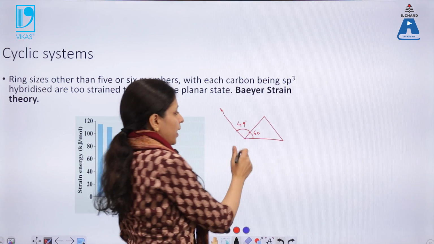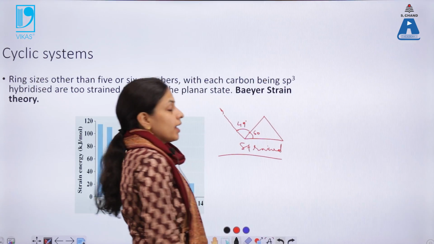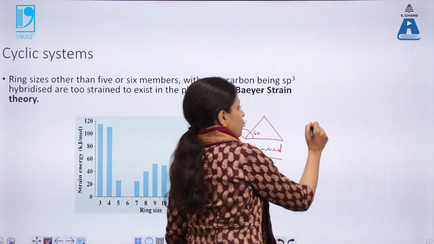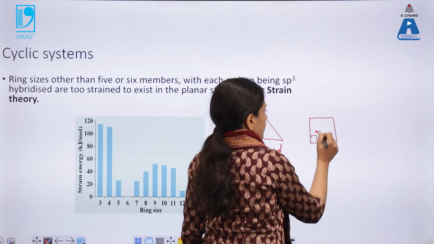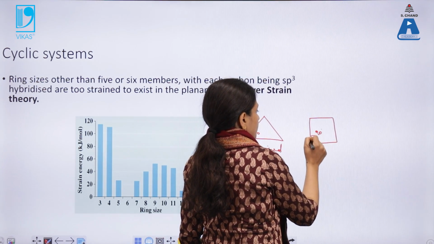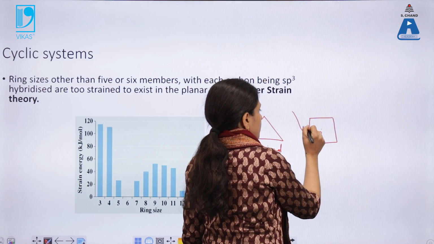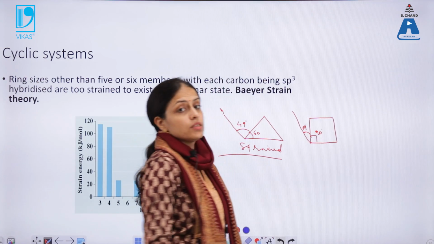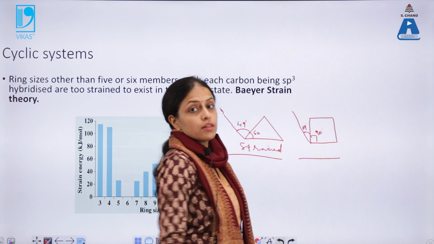So the ring is quite strained. This one has the maximum angle strain. When we move to cyclobutane, this has a bond angle of 90 degrees and again we have to account for about 19 degrees. So there is also some angle strain in this molecule.